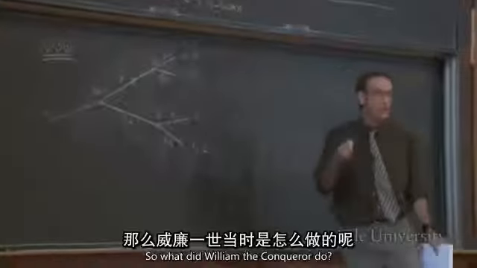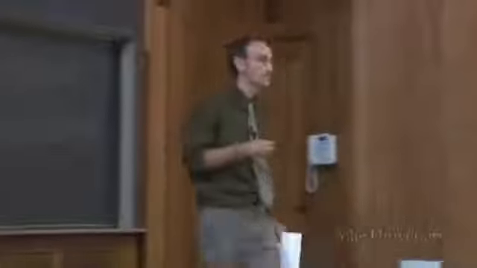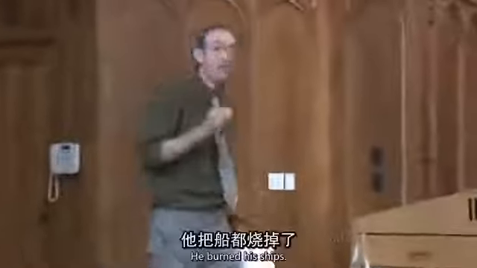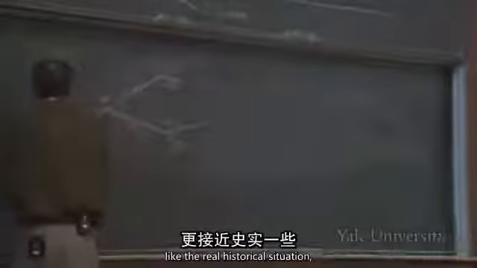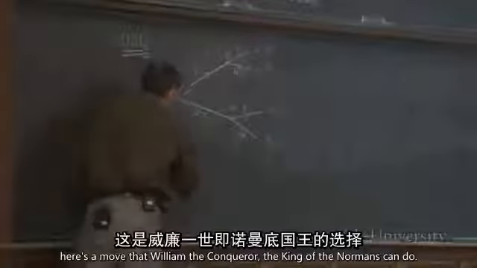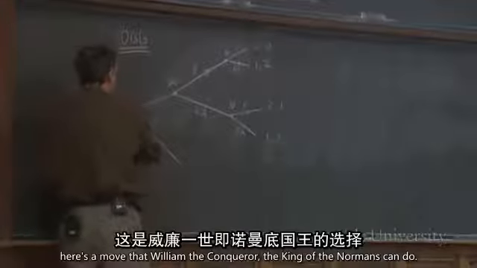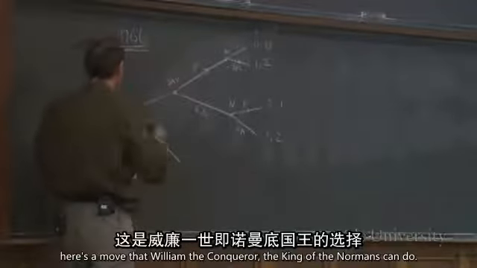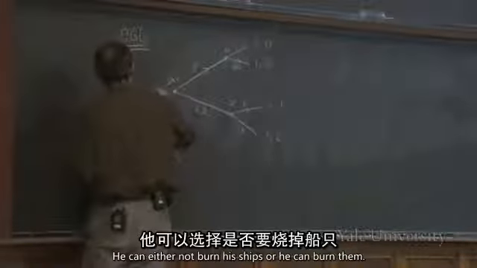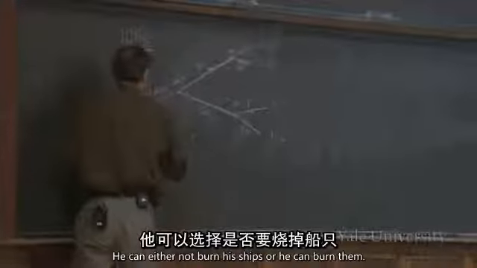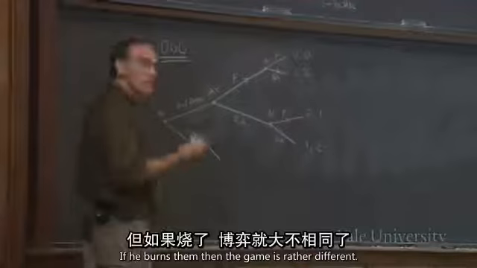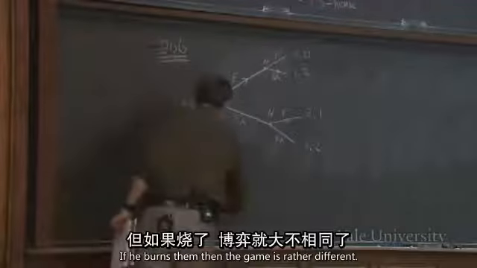All right? So what did William the Conqueror do? He burnt his ships, all right? So let's now make this game a little bit more like the real historical situation. Here's a move that William the Conqueror, the king of the Normans, can do. He can either not burn his ships, or he can burn them. If he burns them, then the game is rather different.